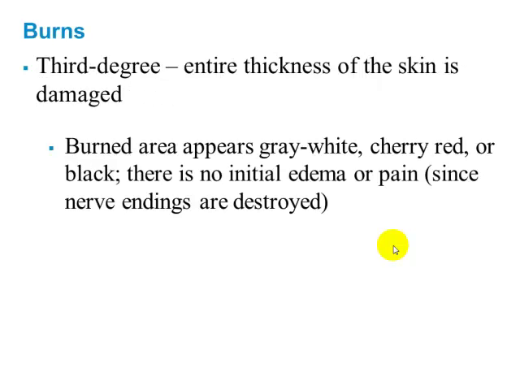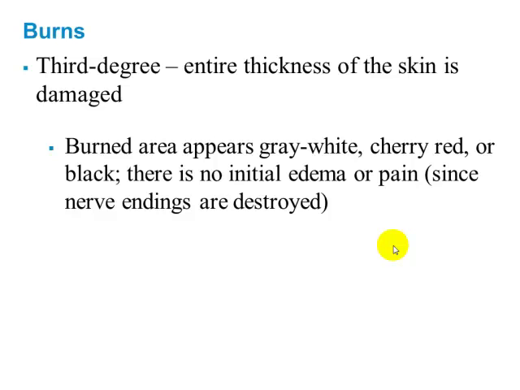Then you have a third-degree burn. Third-degree burn burns through the thickness of the skin, so it burns all the way through the epidermis, dermis, down into the hypodermis. This is where you have the area that has been burned, looks gray-white, bright red, black. It actually can look like blackened flesh if you think about cooking a chicken breast on the grill.